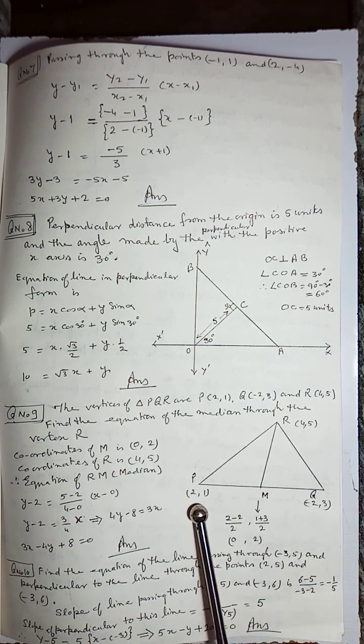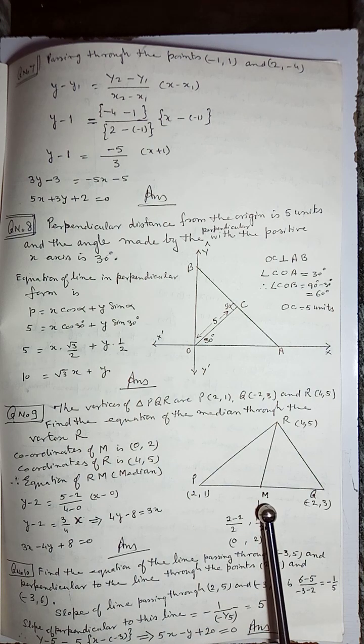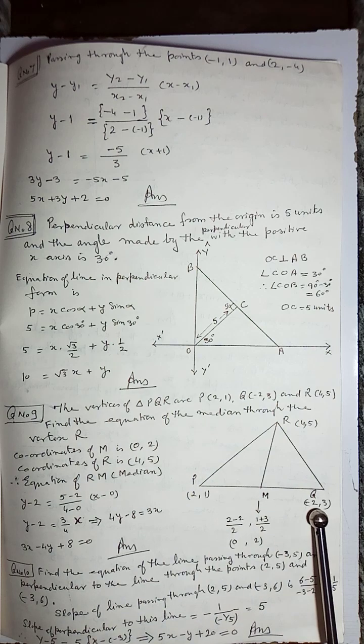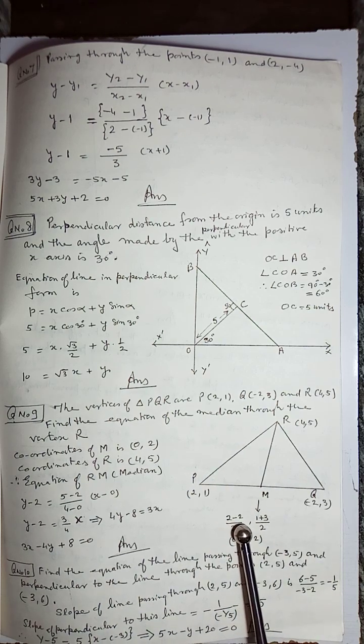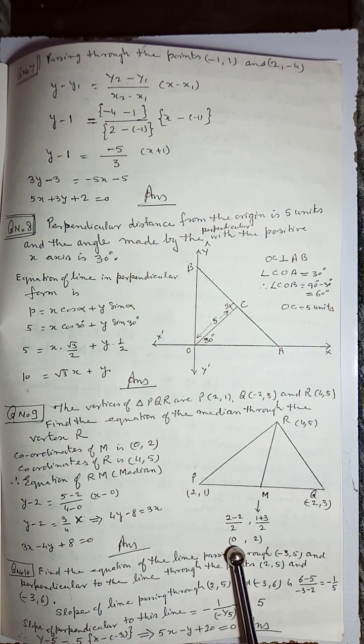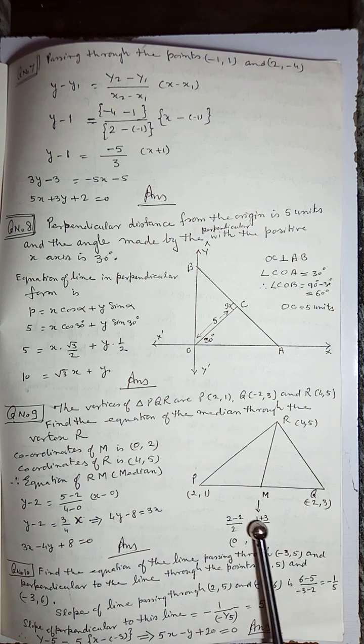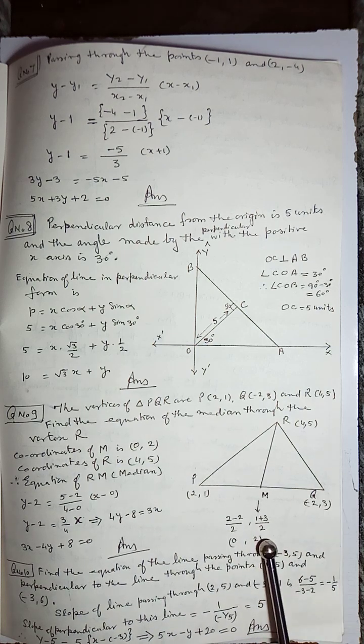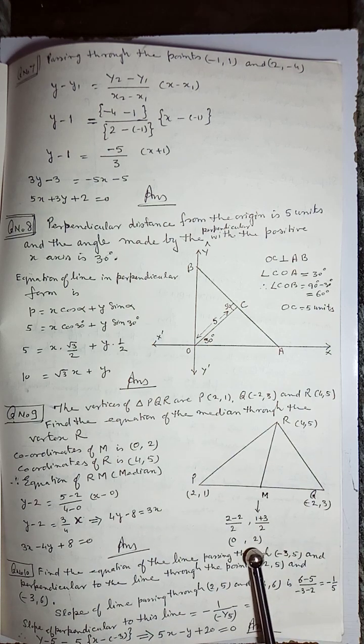To find the midpoint coordinate, here 2 plus -2 divided by 2 will be equal to 0, and 1 plus 3 divided by 2 will be equal to 2.